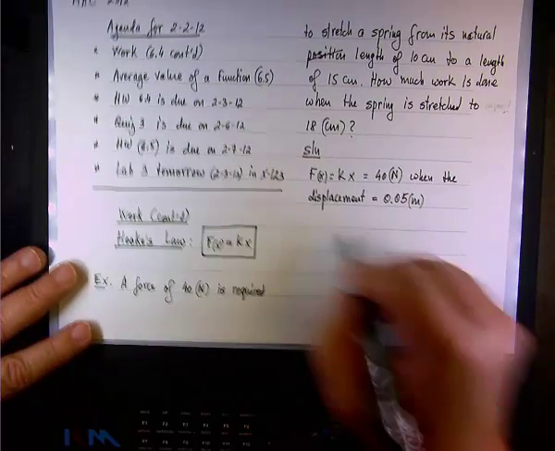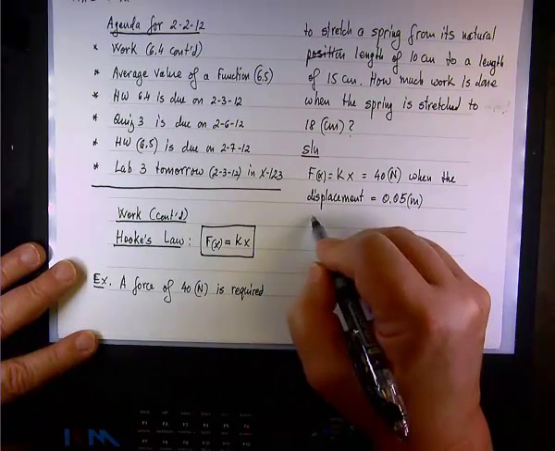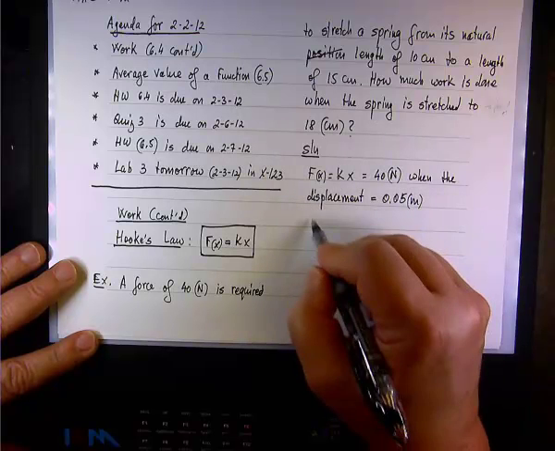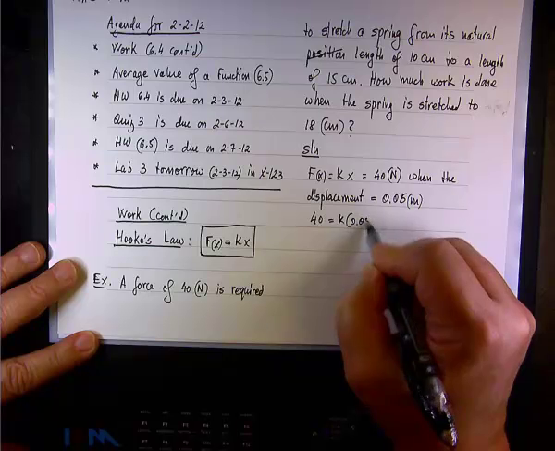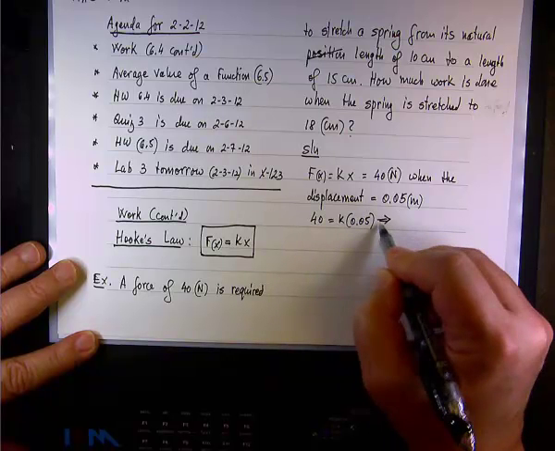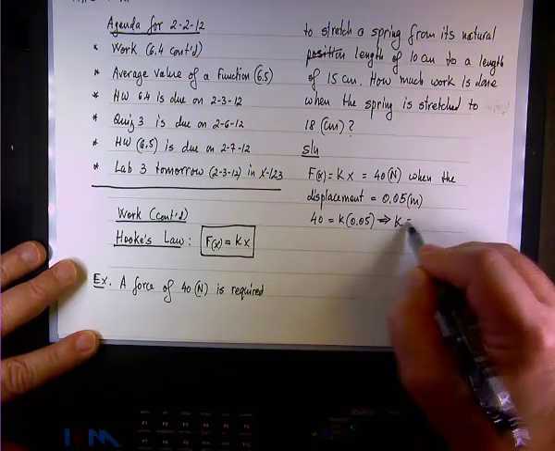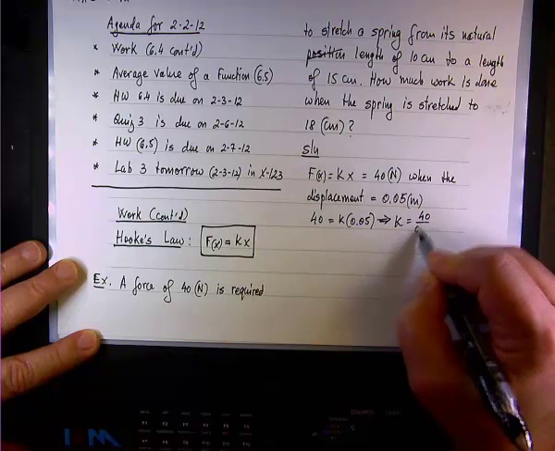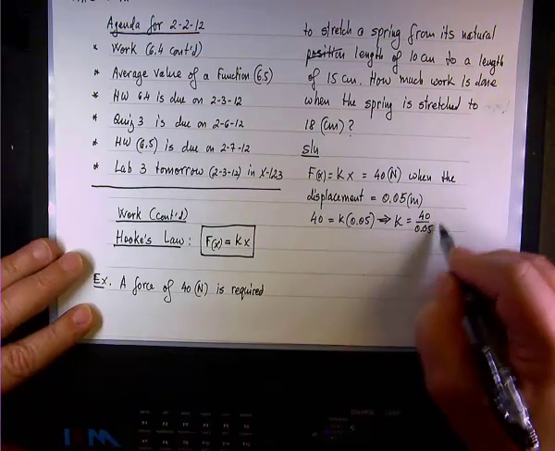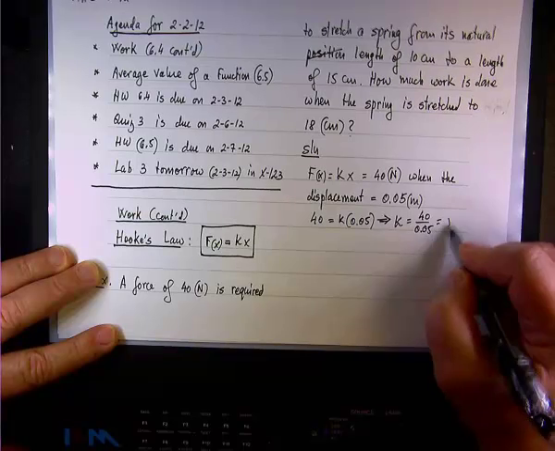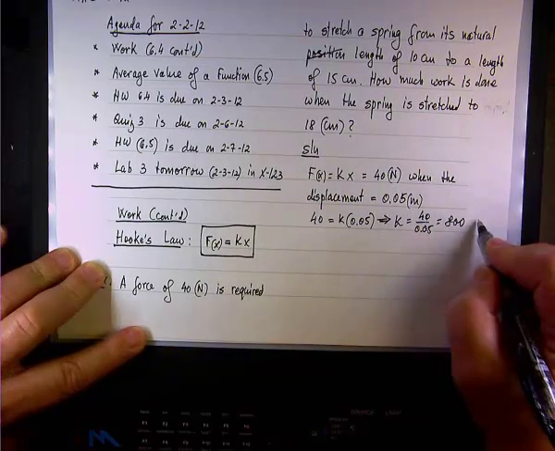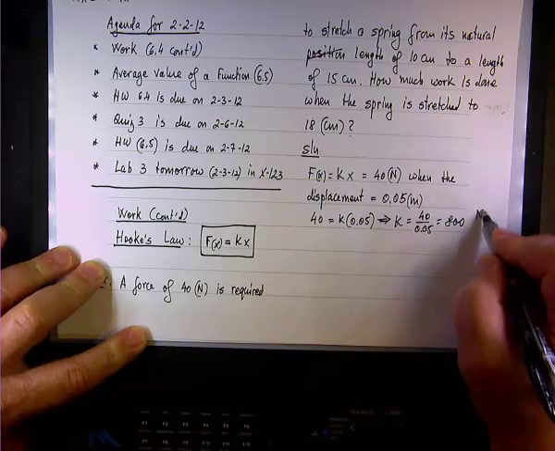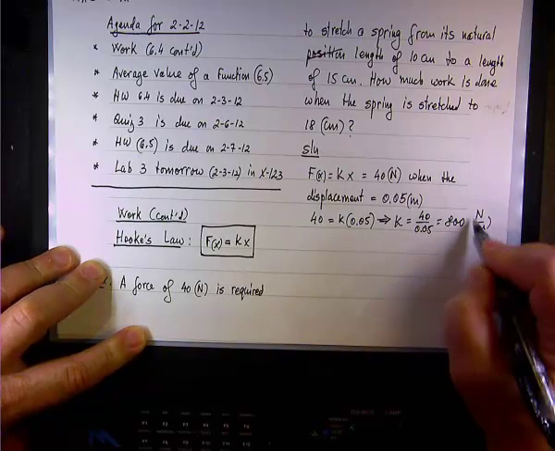And so we solve for k. We're going to set it up: F is 40 equals k times 0.05, and from here we get the constant, which is 40 divided by 0.05, and this amounts to 800, and the units will be the force on top and the displacement at the bottom, so Newton over meter, like so.